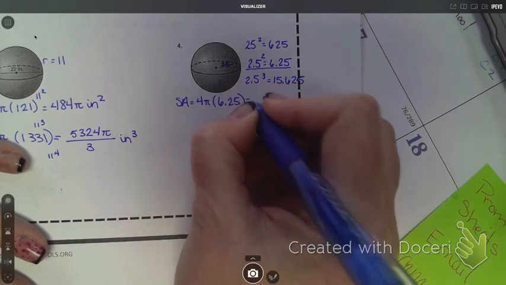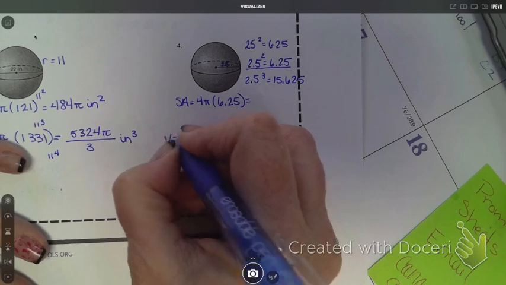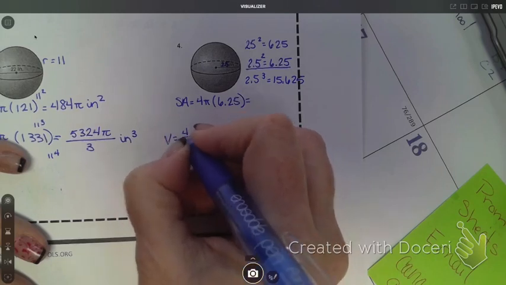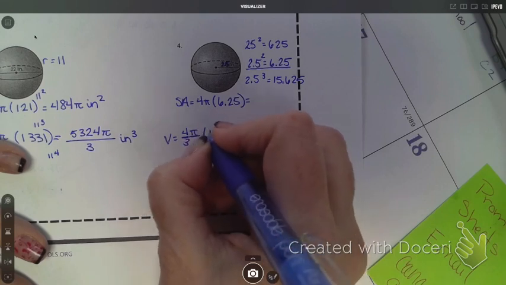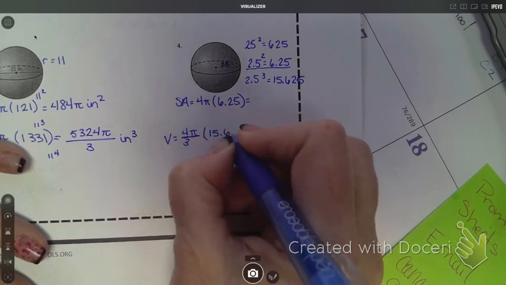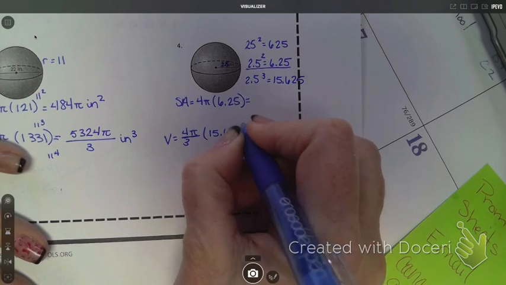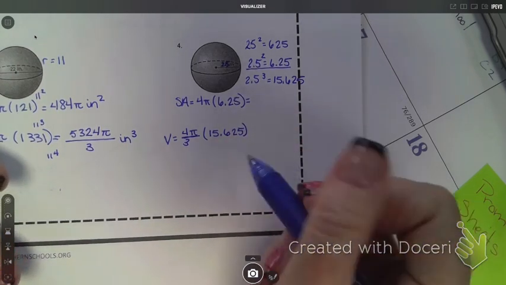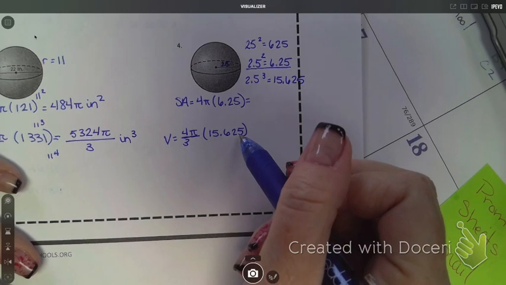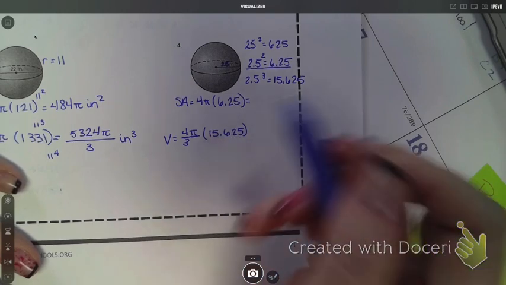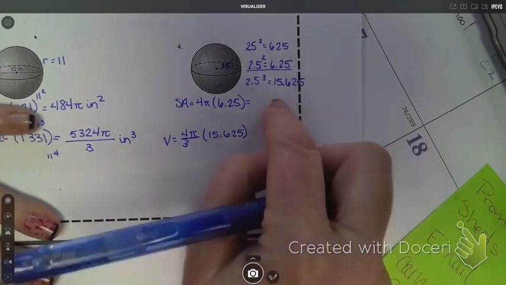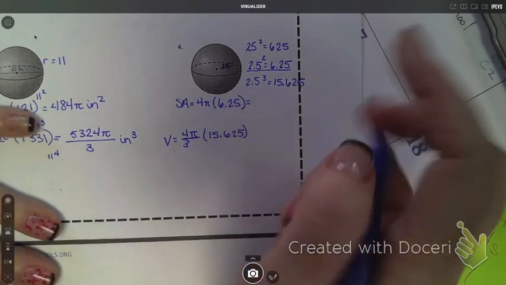I believe in you. What's it cubed? Right there. 15.625.